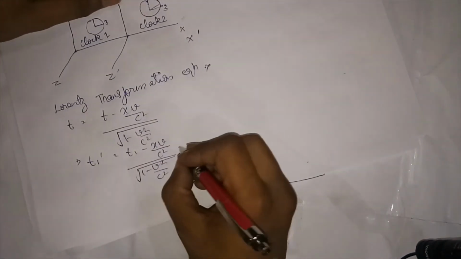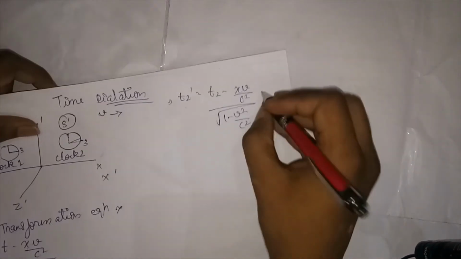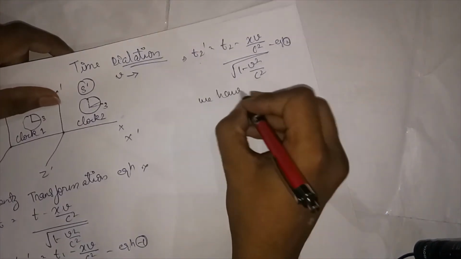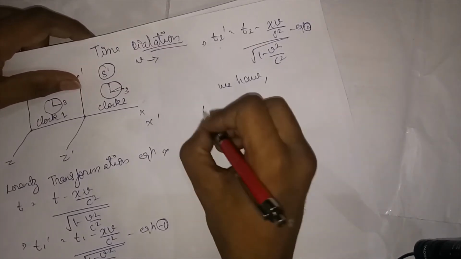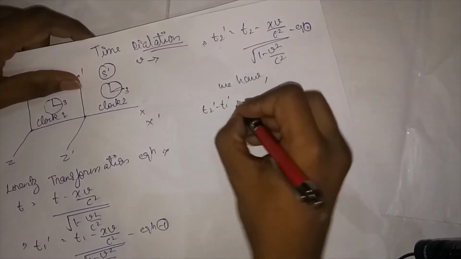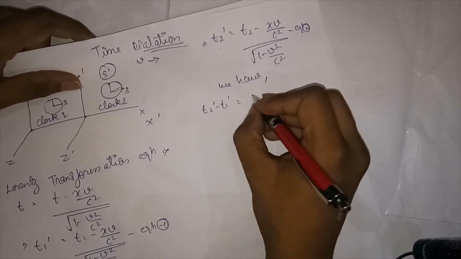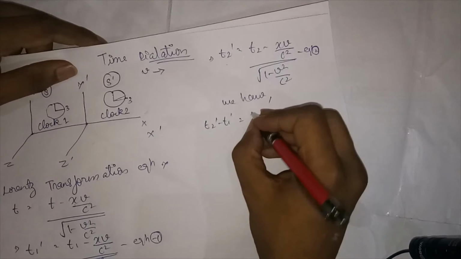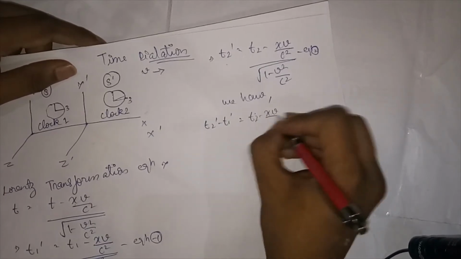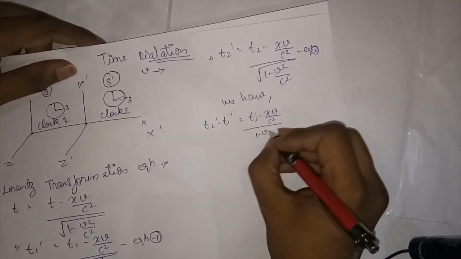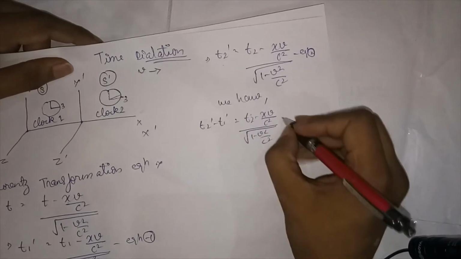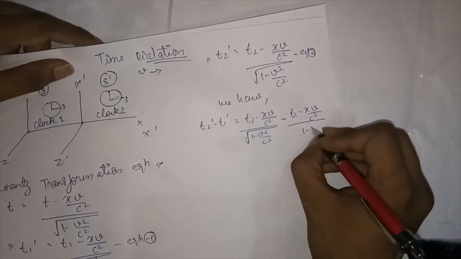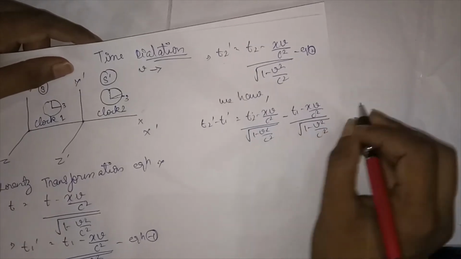Now from equation number 1 and equation number 2, we have t2 dash minus t1 dash equal to t2 minus xv upon c square upon under root 1 minus v square upon c square, minus t1 minus xv upon c square upon under root 1 minus v square upon c square.